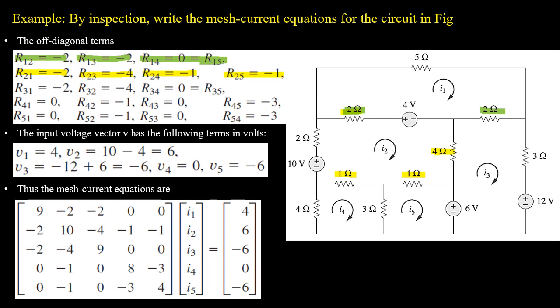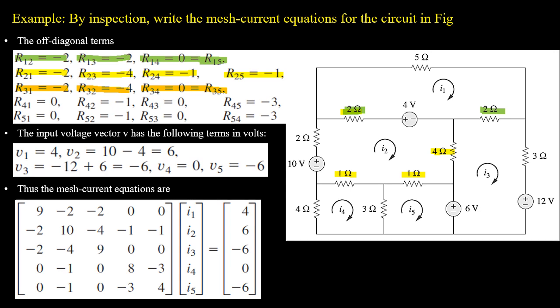Now R31 will be equal to R13, which has a value of -2. Mesh 3 and mesh 2 have a common resistor of 4 ohm, whereas mesh 3 has no common resistor with mesh 4, and similarly no common resistor with mesh 5. So R34 and R35 will be equal to 0.